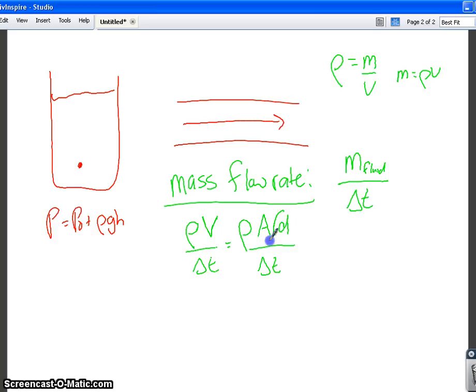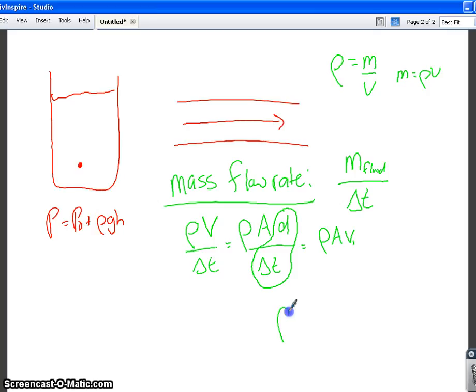And if we look at this right here, distance over time, we get density times area times velocity. And mass flow rate, I guess we can say, is conserved, so to speak.